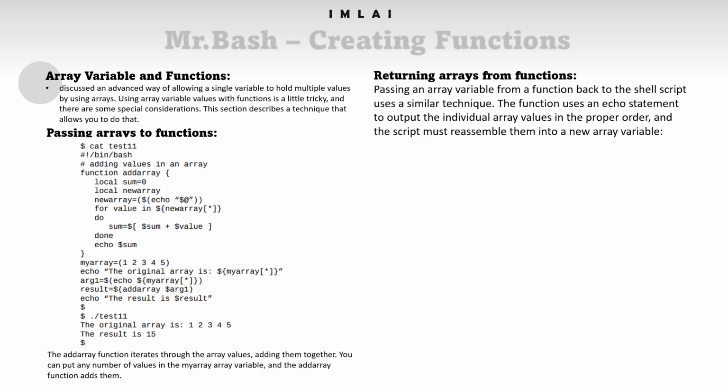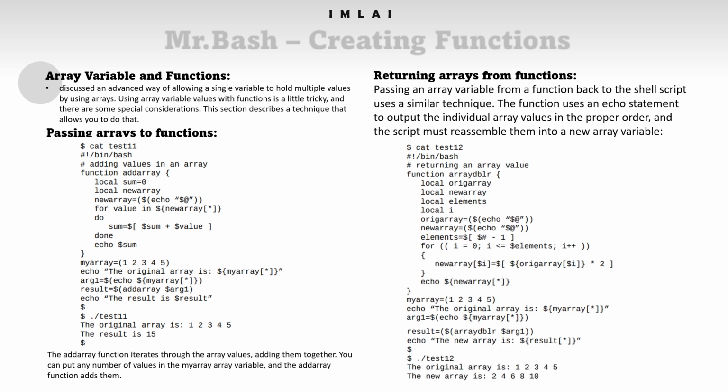Then returning array functions, we have already looked into it, but you can just have a theoretical part of it. Passing an array variable from a function back to the shell script uses a similar technique, but the function uses an echo statement to output the individual array values in the proper order, and the script must reassemble them into a new array variable. Here if you see the script, this is another script.